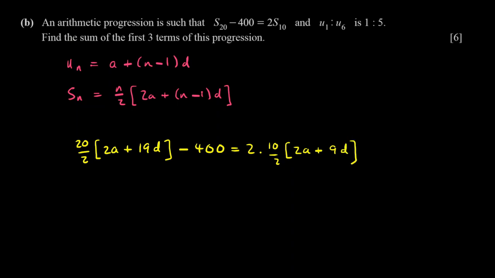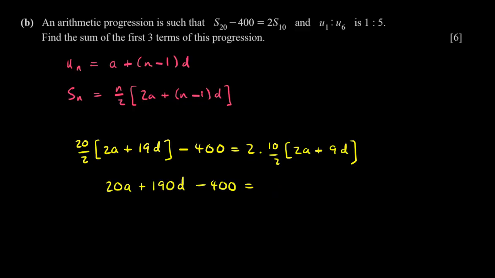And so what we should do is we should expand this, I think. So 20 upon 2 is 10. So we're going to get 10 times by whatever's in this bracket, which is 20a plus 190d minus 400 is equal to 10, because the 2's are going to cancel off, times by 2a plus 9d.